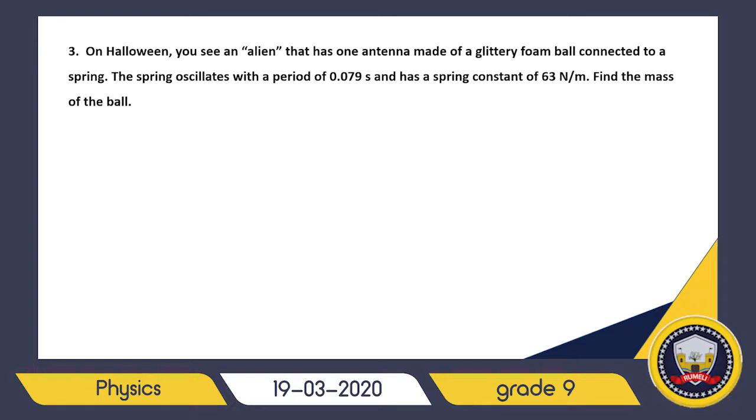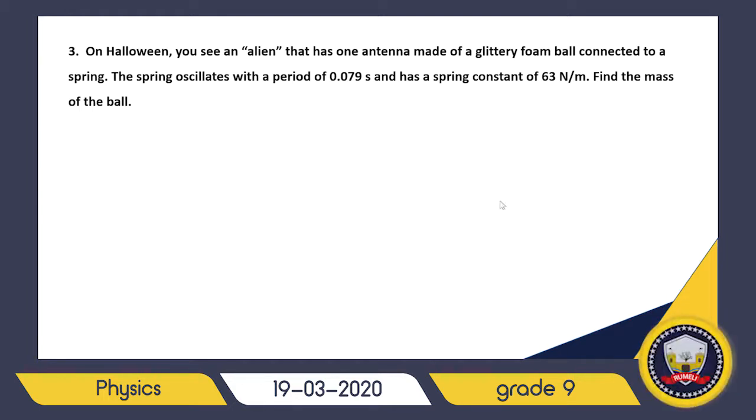Another problem. On Halloween, you see an alien that has one antenna made of a glittery foam ball connected to a spring. The spring oscillates with a period of 0.079 seconds and has a spring constant of 63 newtons per meter. Find the mass of the ball.